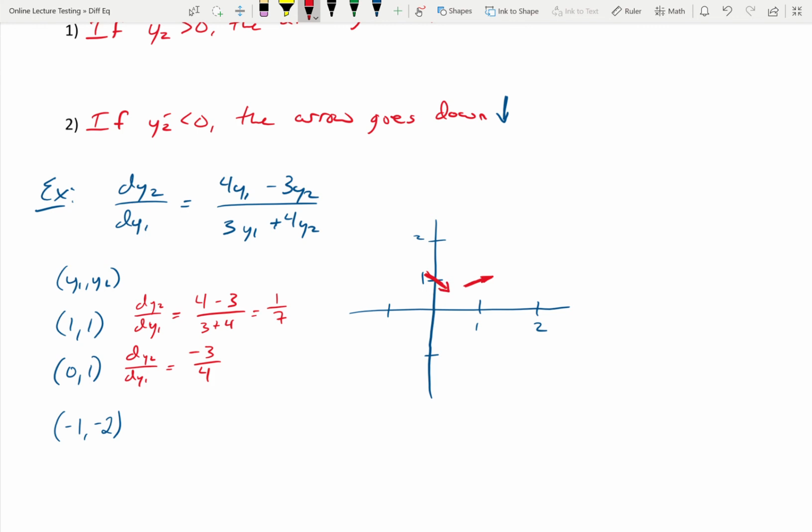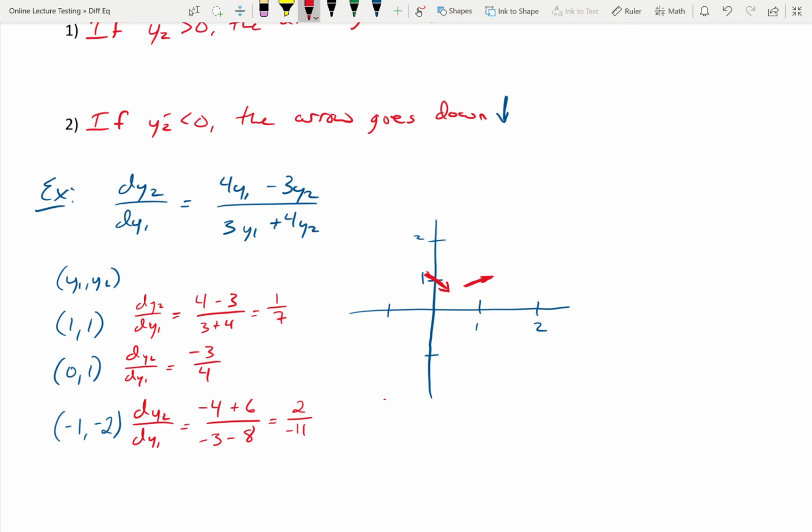And then at negative 1, negative 2, we're going to get negative 4 plus 6 divided by negative 3 minus 8. So notice that we're going to get a positive 2 and a negative 11 on the bottom. So at negative 1, negative 2, that's going to be down here.